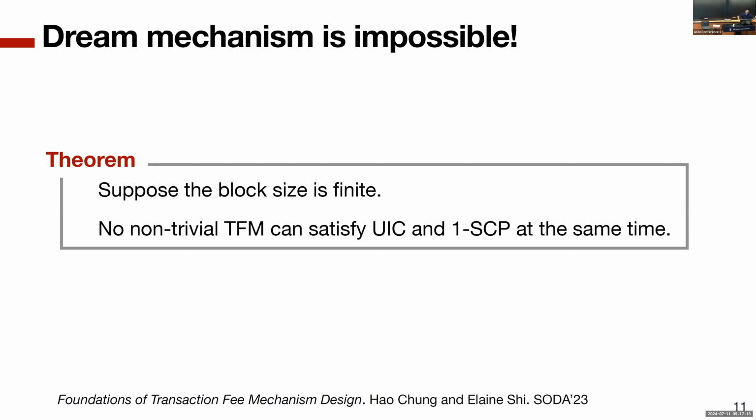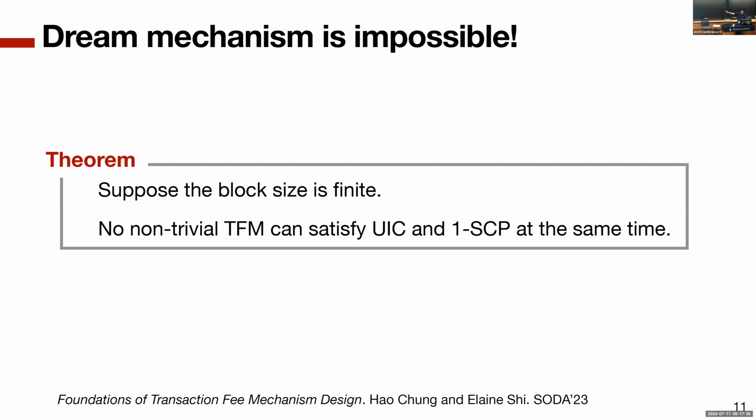And 1-SCP means a miner colluding with only one user, where they don't want to deviate. That is the weakest coalition we can conceive. So this impossibility says, if you want a UIC mechanism, you cannot even defend against the weakest coalition.